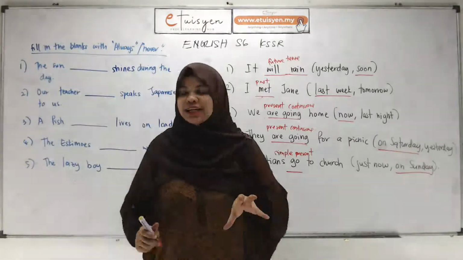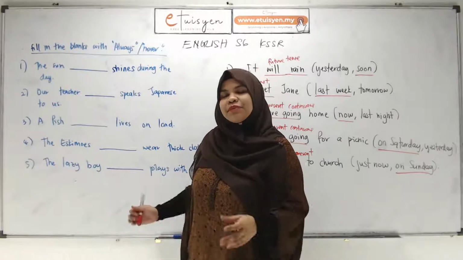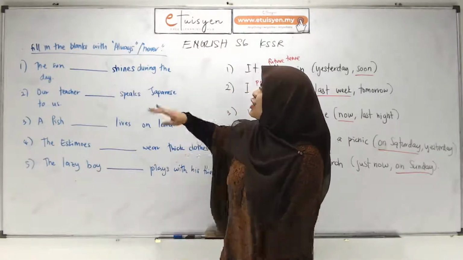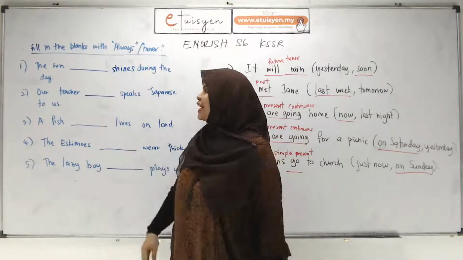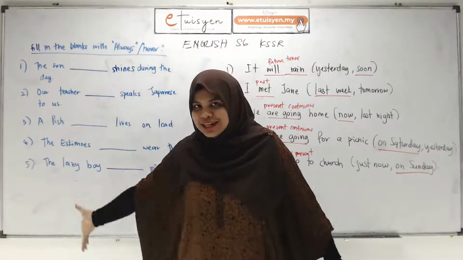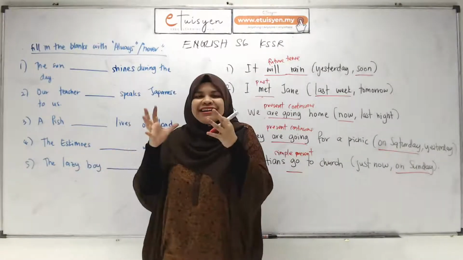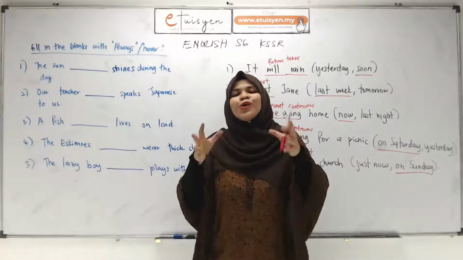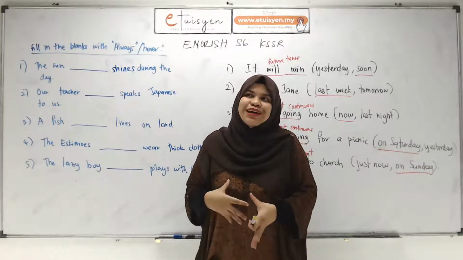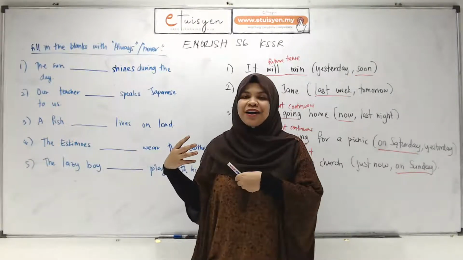Okay, matahari. Shines apa yang dalam bahasa Melayu? Bersinar, menyinar, menyala. During the day, maksudnya kat sini matahari akan keluar pada waktu siang ke malam. So here, other than understanding the sentences, you are being tested also on your logical or reasoning.